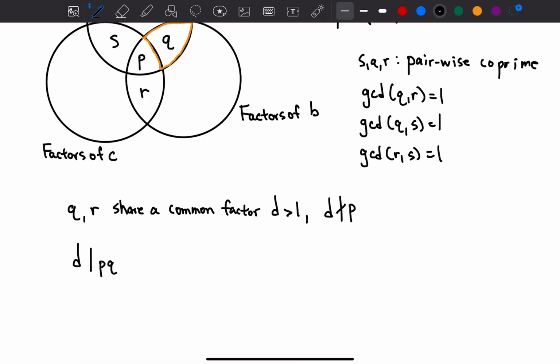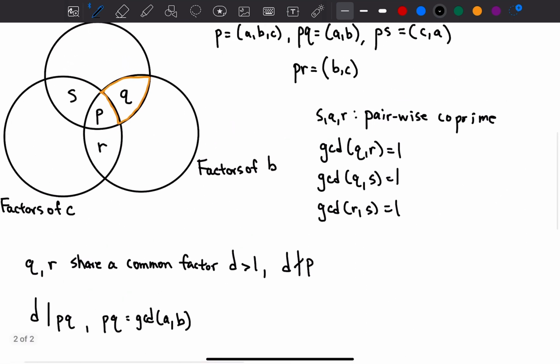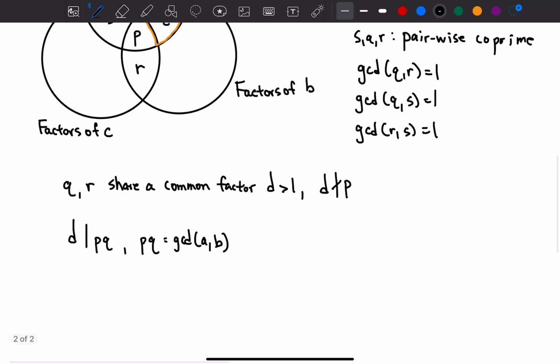And since PQ is the GCD of A and B, PQ must divide A and PQ must divide B.